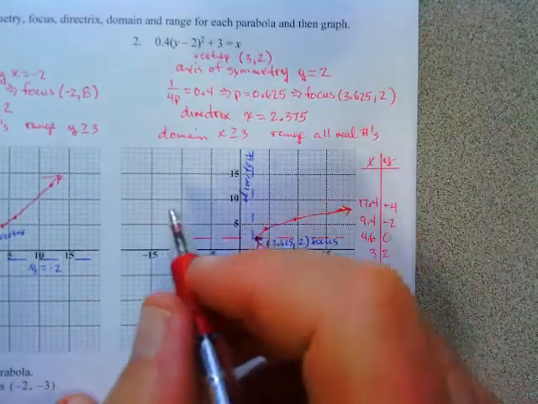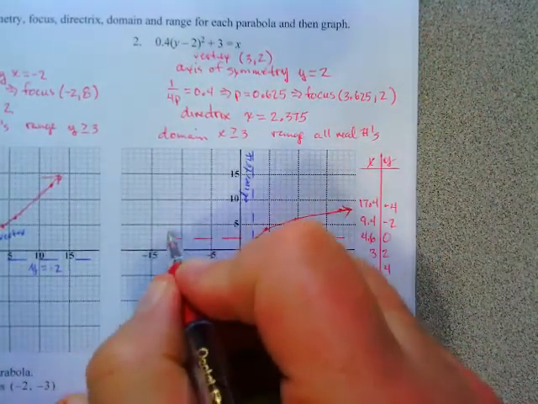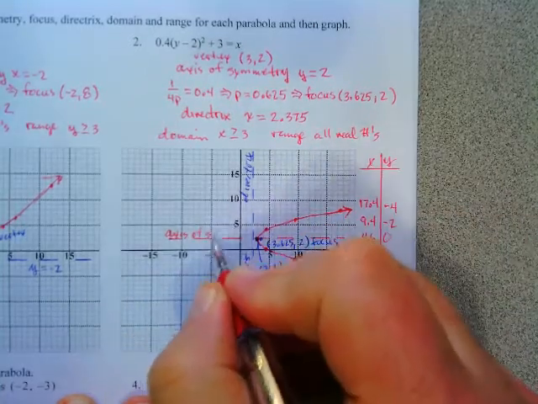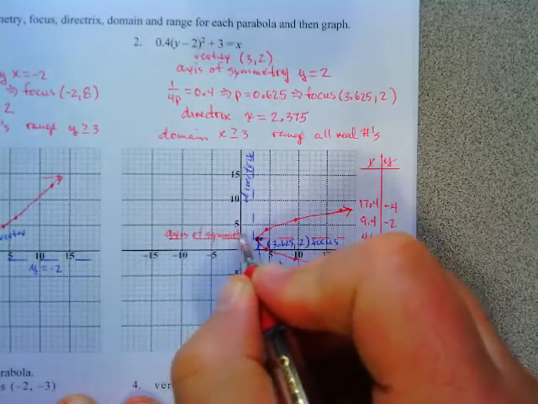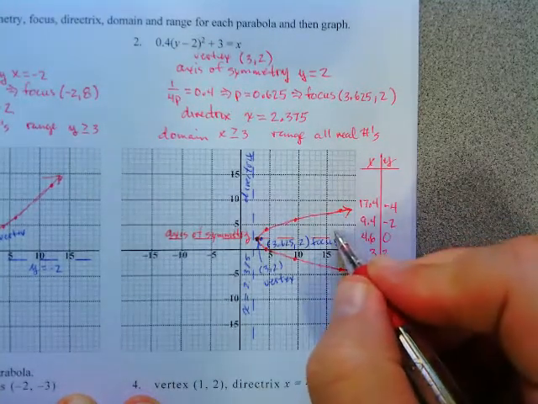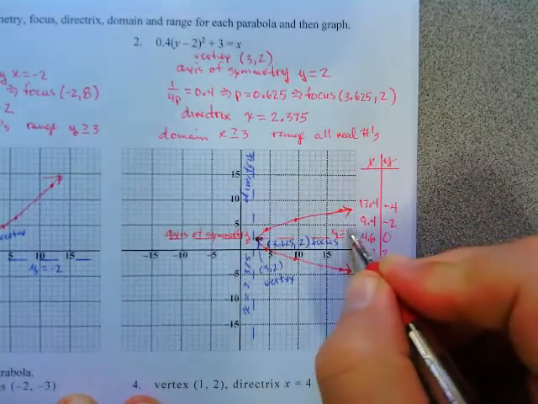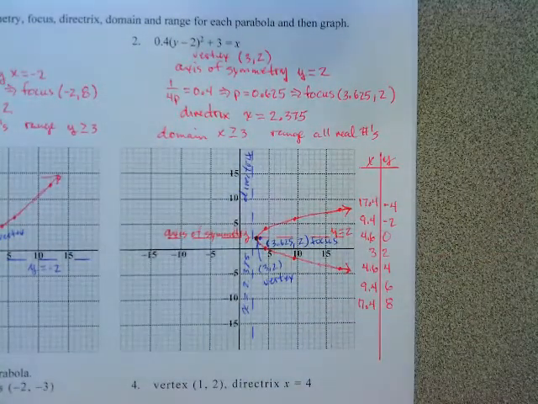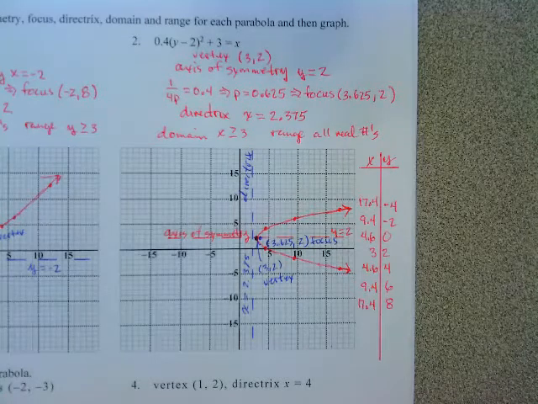And this is our axis of symmetry, and it is at y equals 2. And so there you have all the parts for a horizontal parabola graphed.